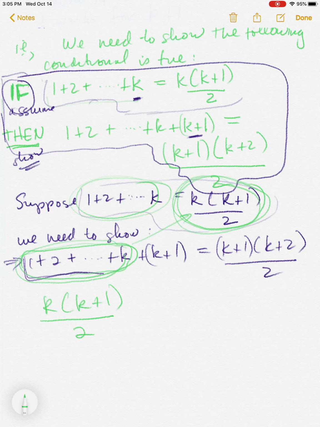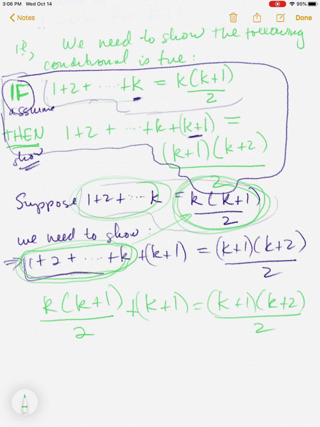So in other words, we need to show that k times k plus 1 over 2 plus k plus 1, right, this thing here, equals k plus 1 times k plus 2 over 2.